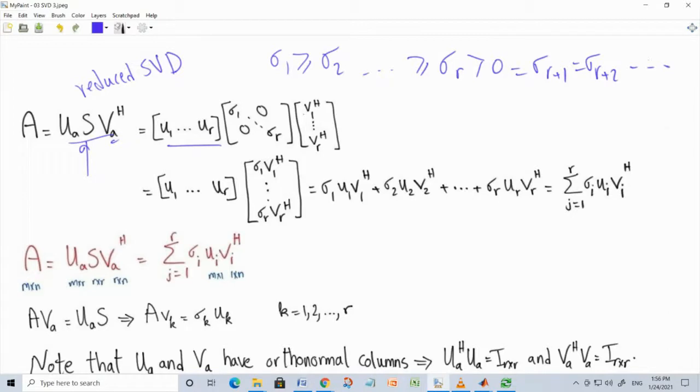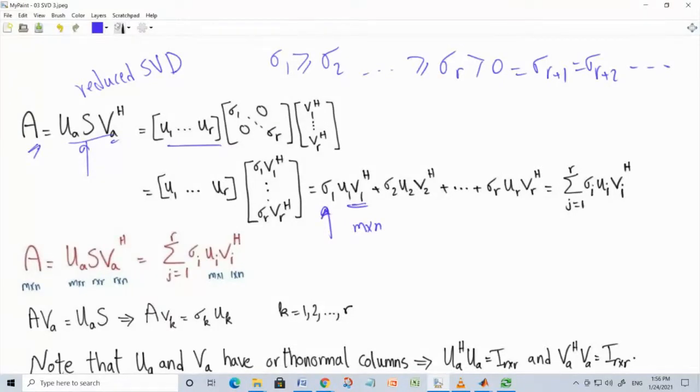Okay. Now, what if you do this multiplication? You end up with A written in another nice form: A is sigma 1 times the outer product u_1 v_1 Hermitian, plus sigma 2 u_2 v_2 Hermitian, and so on and so forth. So this is an M by N matrix.